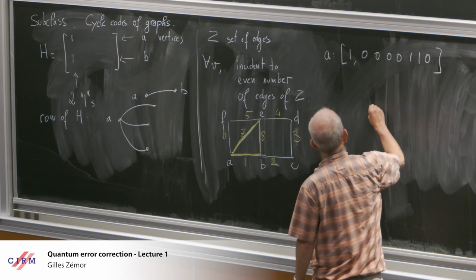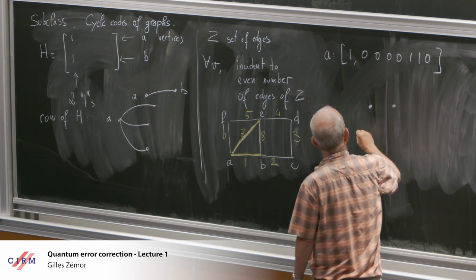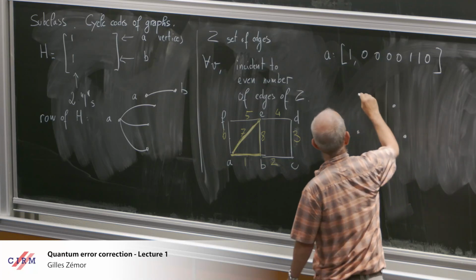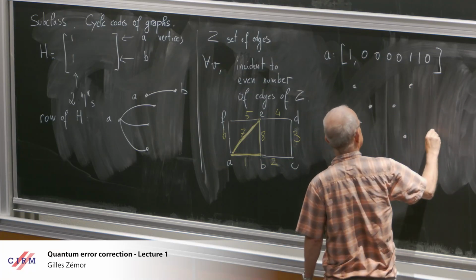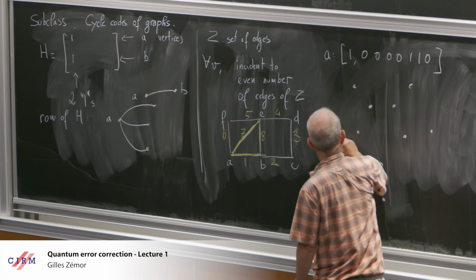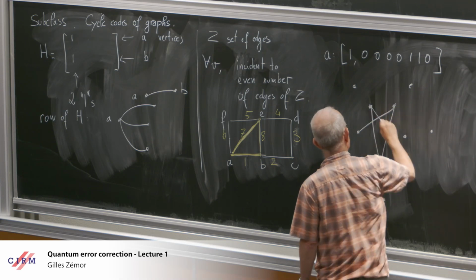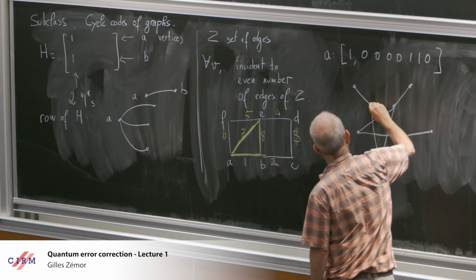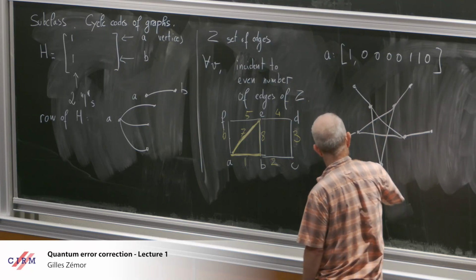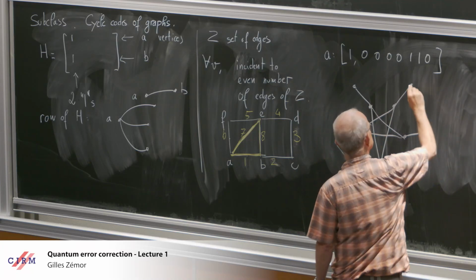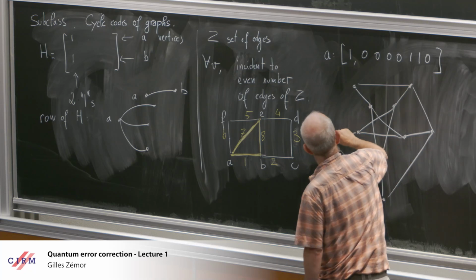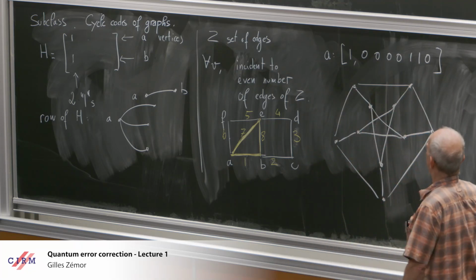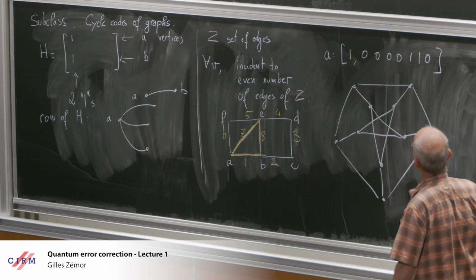So for example, you may take the most famous graph in graph theory, the Petersen graph, which looks like this. And it gives you a pretty interesting code.